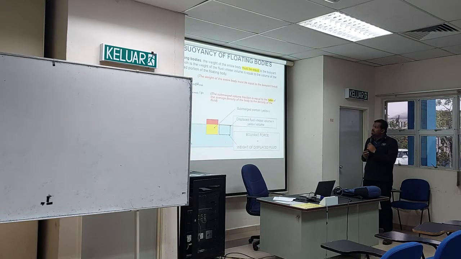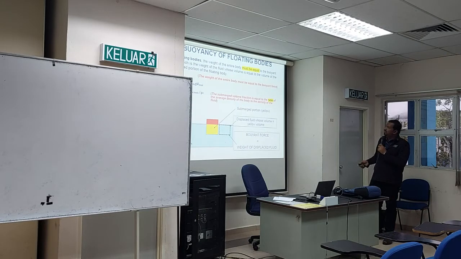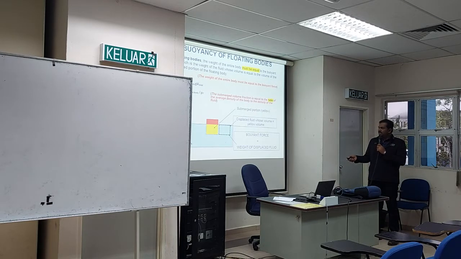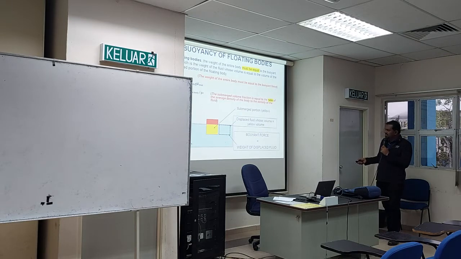Now, buoyancy of floating bodies. For floating bodies, the weight of the entire body must be equal to the buoyant force. We will see a few situations later. You have a part, the yellow part, submerged inside the water, and the red part is not submerged. The buoyant force is the weight of the displaced liquid.